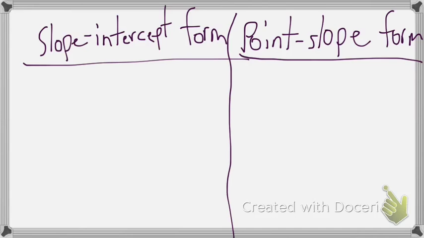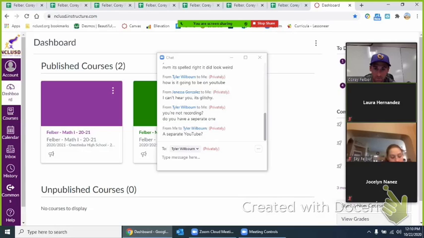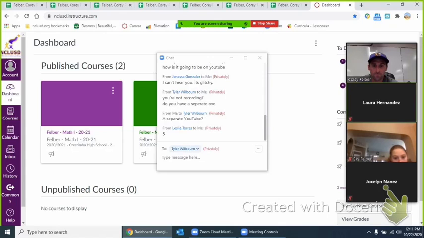Okay, so slope intercept form, this is what you're going to have to be able to do. I'm going to tell you the slope is 7 and the y-intercept, and you might have to look at this on a graph. They might tell you the slope is 7, the y-intercept is, I don't know, Leslie, what's your favorite number? 5?